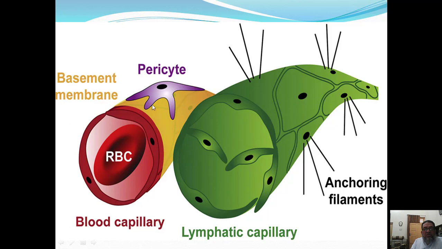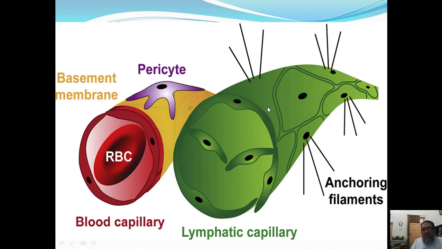Pericytes are surrounding the basal lamina as well. This is the basal membrane, the basal lamina, surrounded by the pericytes. Look at the picture, the lymphatic capillary is larger in diameter. Endothelial lining is there, but having gaps in between, so loosely arranged. Endothelial cells are freely permeable.